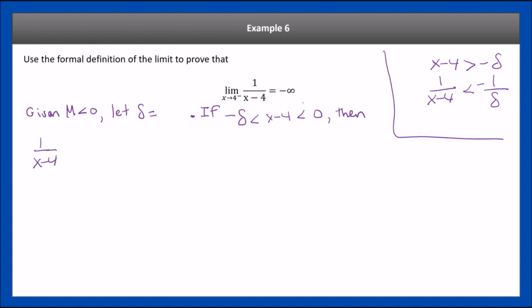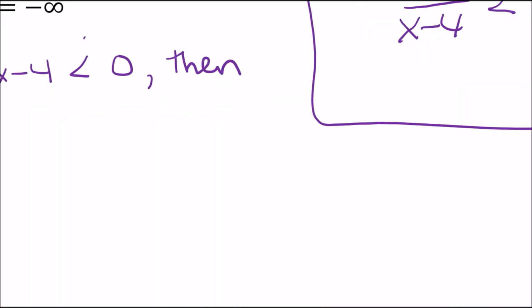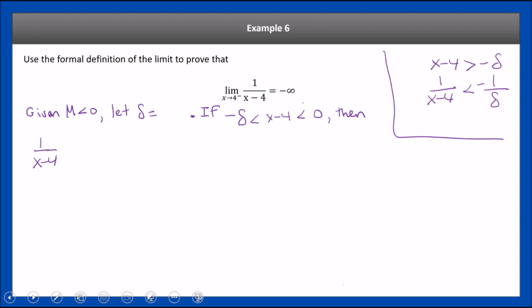So in that case, now it's important to note that this situation works only because x minus 4 is a negative number, right? It's not a situation where x minus 4 is positive and this number is negative.